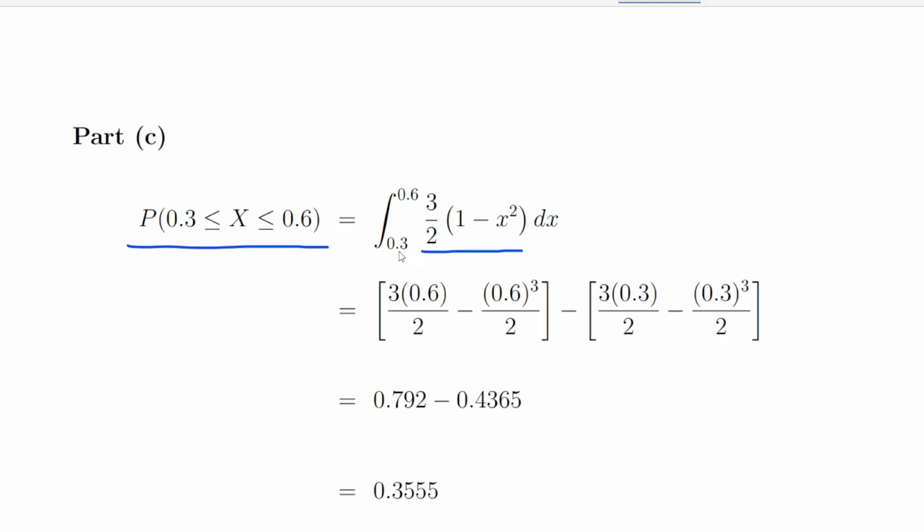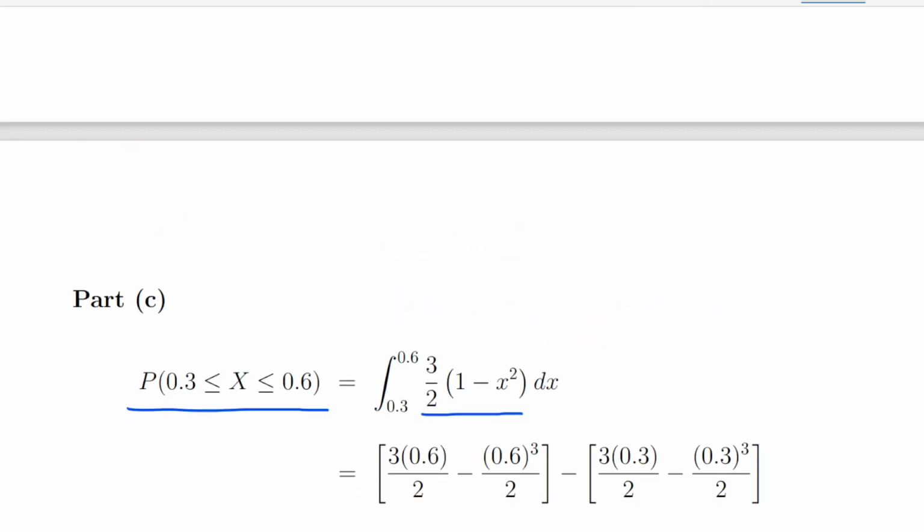The integral, if we recall, is 3x over 2 minus x cubed also over 2. We have x squared here, and when we integrate that, that is x cubed over 3. But when we multiply that integral out by 3 over 2, we end up with x cubed over 2.